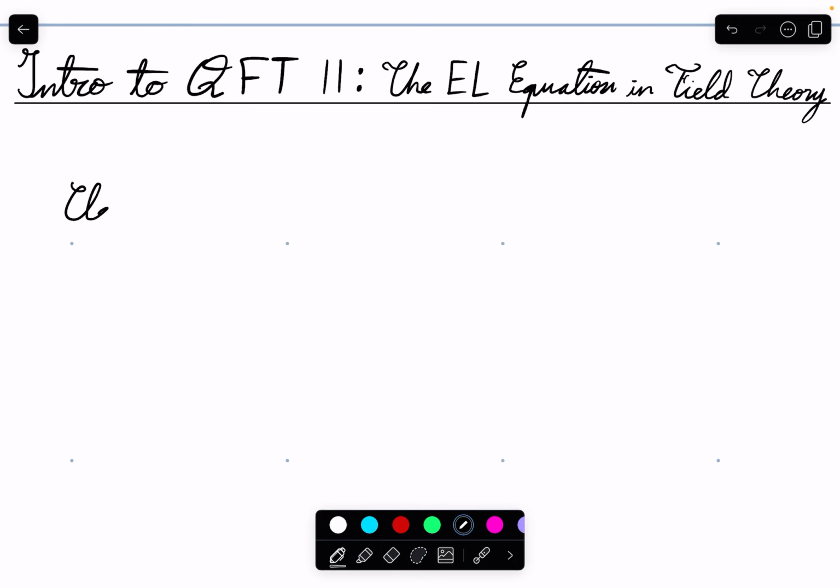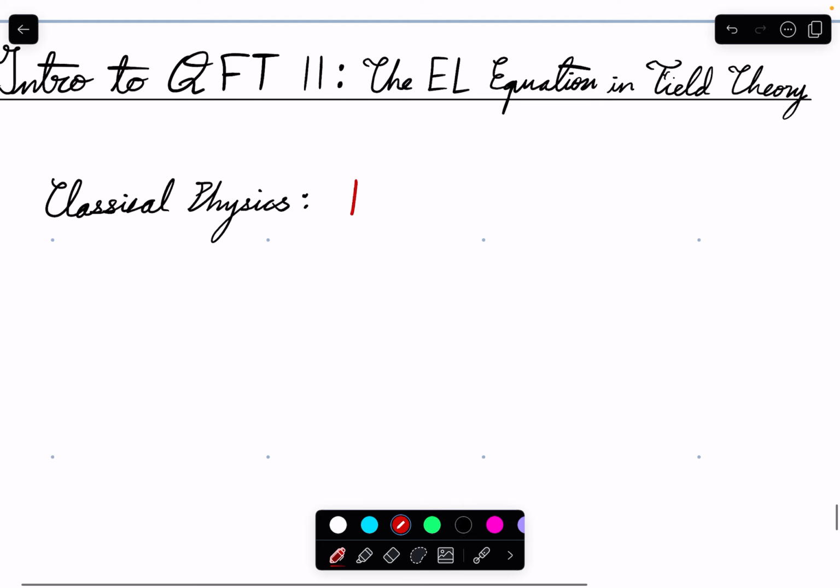The idea is that in classical physics, so without considering field theory, so non-field theory classical physics, you have the Lagrangian, which is dependent upon q and q dot, where remember these are generalized coordinates, and these are generalized velocities.